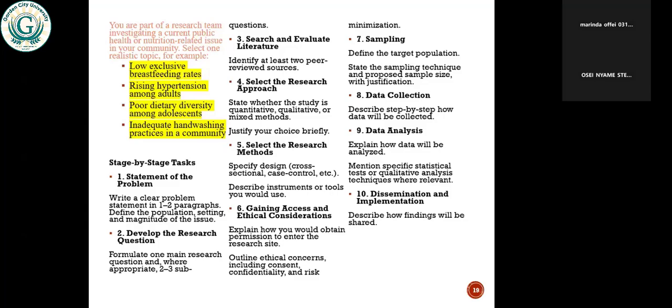So the problem statement, in some cases, you can have just 6, 7, 8 to 15 lines. You don't really have to go up to a page length. About half a page or just a few lines is okay. But stating it as just one line wouldn't capture the general context of the issue, the specific area where you want to conduct your study, the justification as to what will happen if you don't conduct the study, and the purpose or the reason behind conducting it.